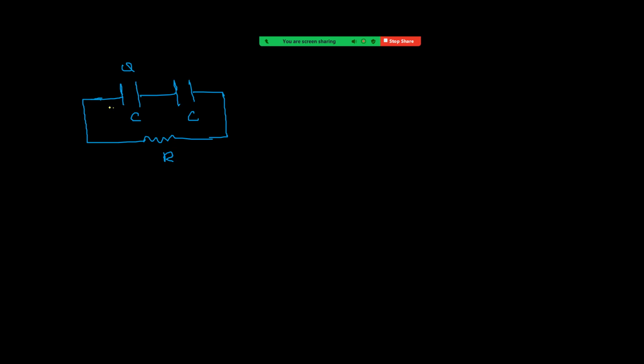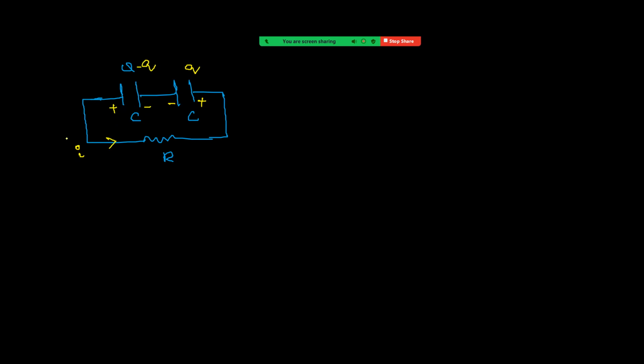Let us take this as positive and this as negative. Let us take at one instant the current is I and the charge on this one is q, which we have to calculate. So when charge flows like this, this becomes positive and this becomes negative. When this charge is q, this must be equal to Q minus q, right?